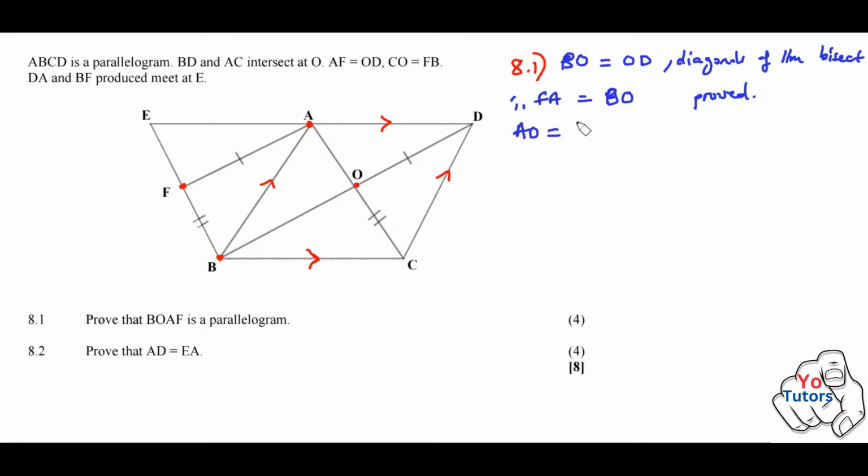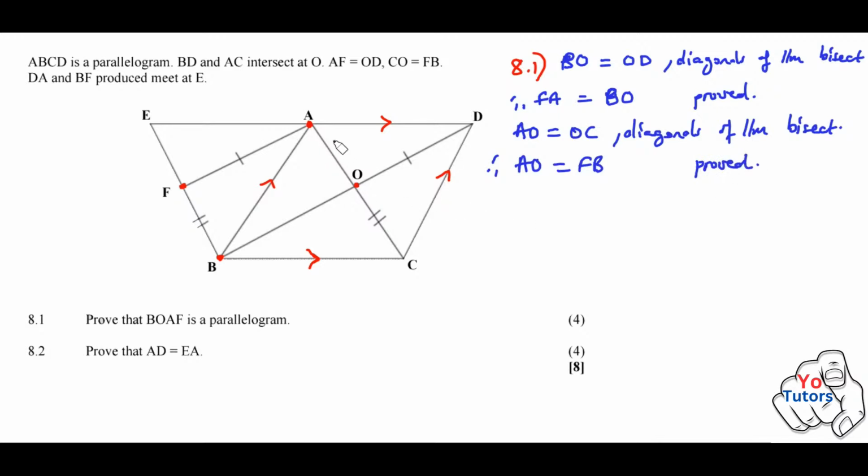AO is equal to OC, because we're looking at this parallelogram that we are given already. So diagonals of a parallelogram bisect. Therefore, AO will be equal to FB. We have proved that.